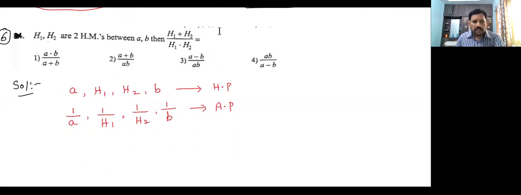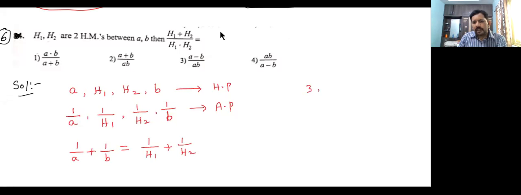One of the conditions: the sum of the first term and last term is equal to the sum of the second term and second-to-last term. That means 1 by A plus 1 by B is equal to 1 by H1 plus 1 by H2. This is one property.